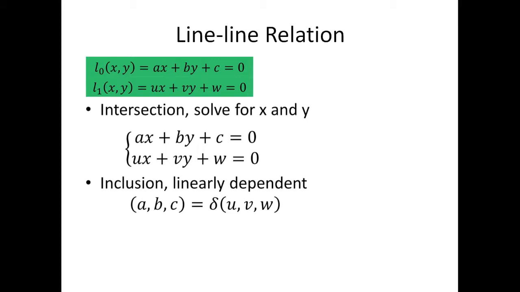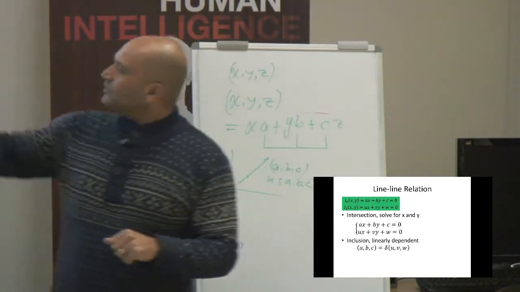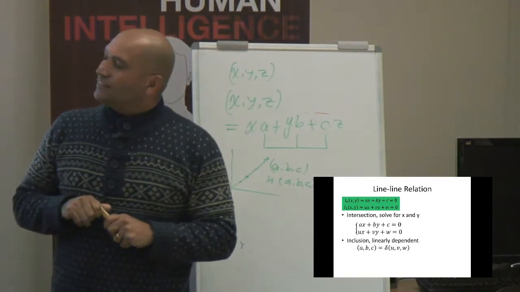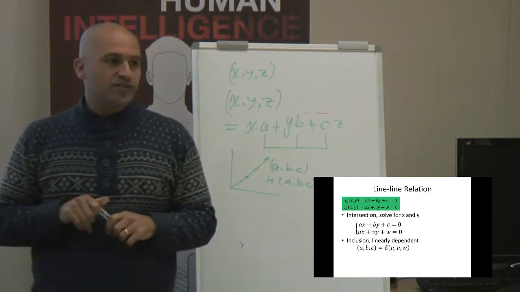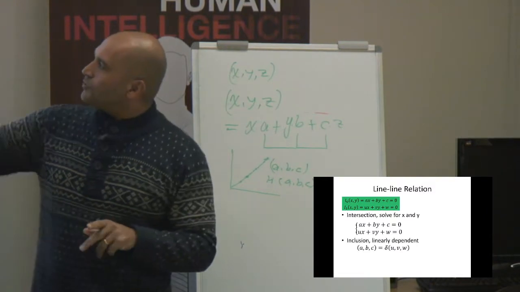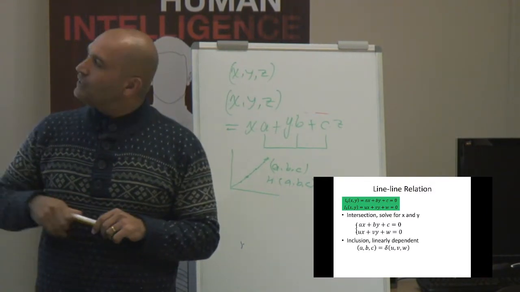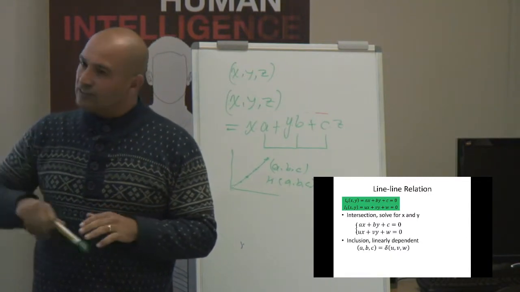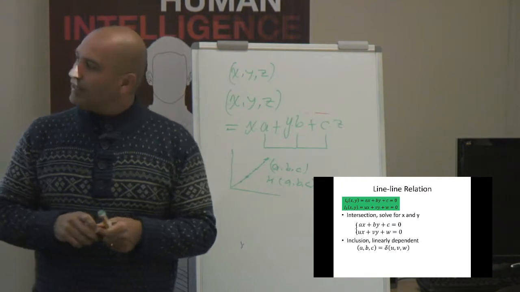Now, if we want to compute the intersection of 2 lines, that's very simple. We all learned this in high school. We just solve a system of 2 equations, one representing the first line and the other representing the second line. The solution gives us the values of x and y. This will be the intersection point.